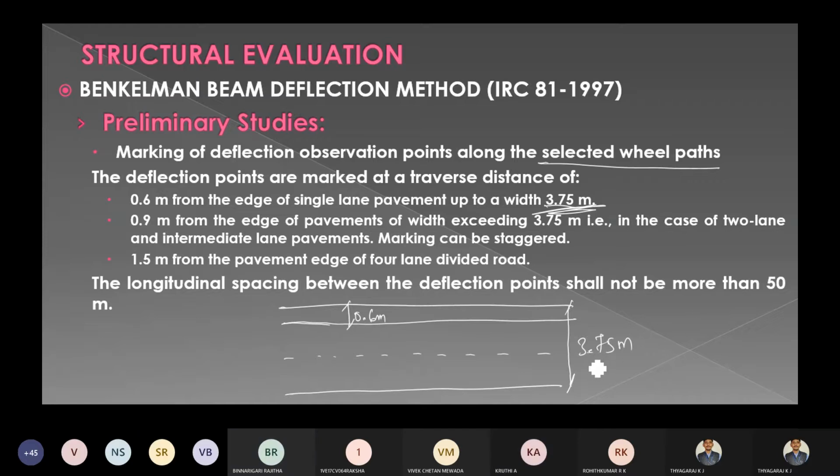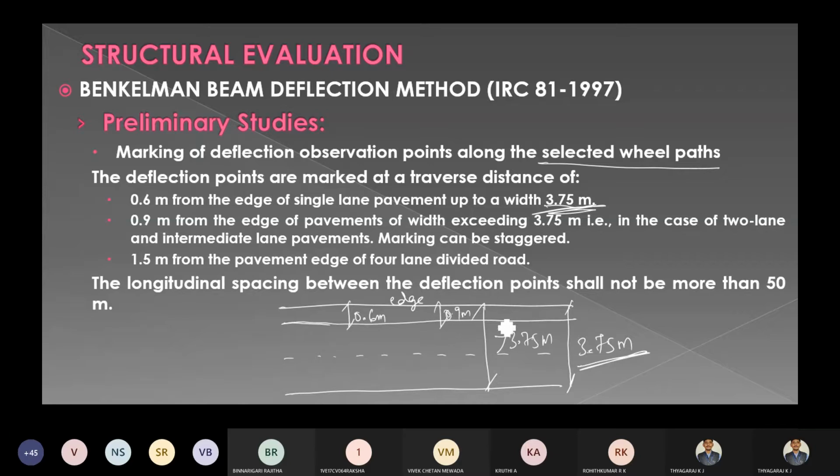If it is a 3.75 meter lane, that is a single lane, then from the edge of the pavement you are going to mark at a distance of 0.6 meter. If the road width is exceeding 3.75, greater than 3.75 meter, then we are going to mark at a distance of 0.9 meter.